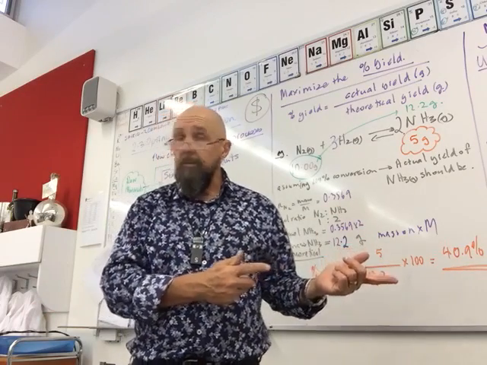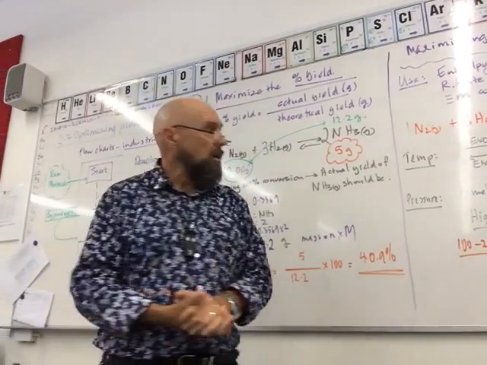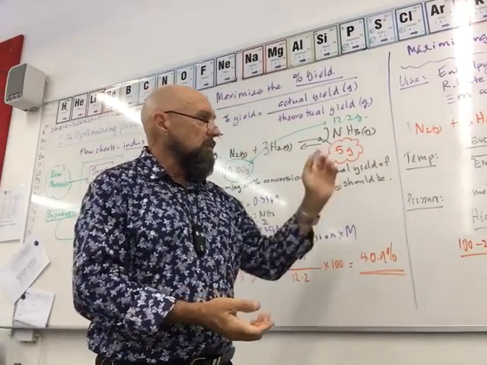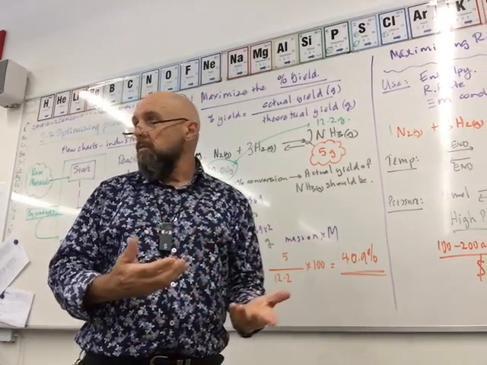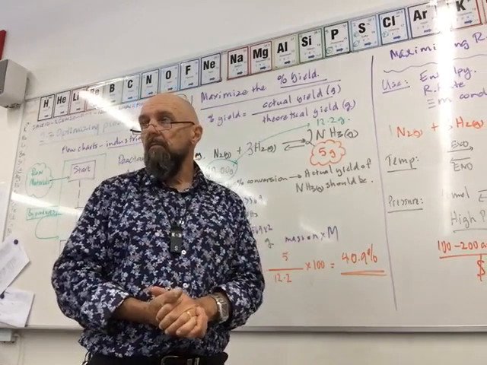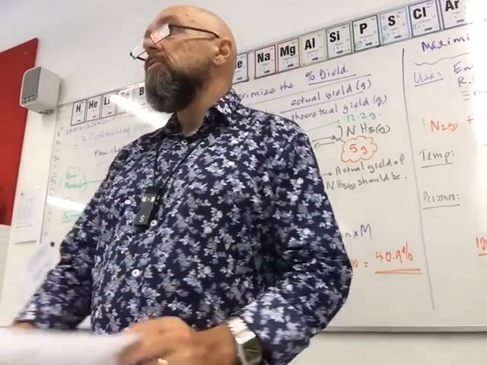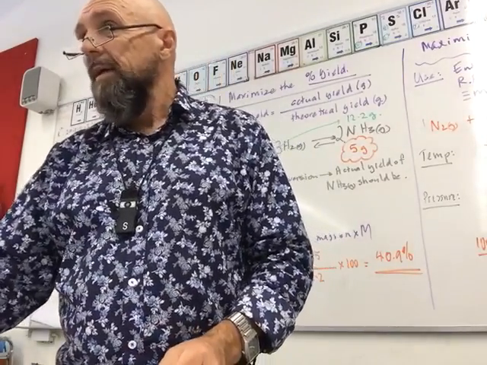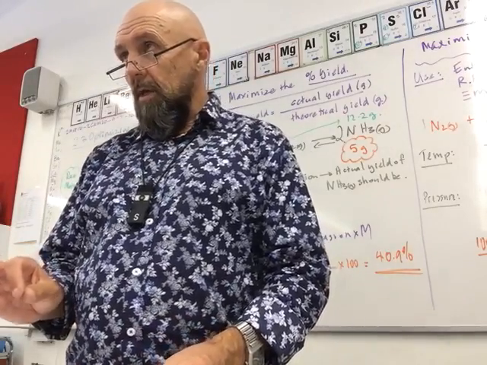So you might have an example just like that, and then you've got to argue, temperature tells me this, but pressure tells me that, it's a compromise, what would you suggest would give me the highest yield? And that's just our intro to industrial process. That's really most of what we're going to do, apart from the contact process, which is producing sulfuric acid. And we're going to leave it at that.